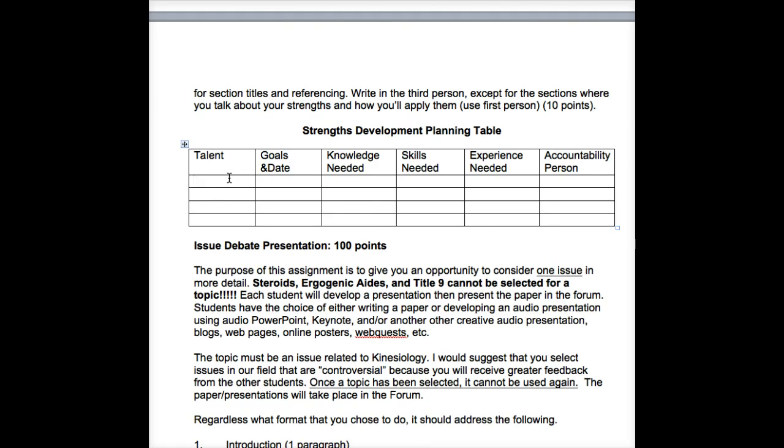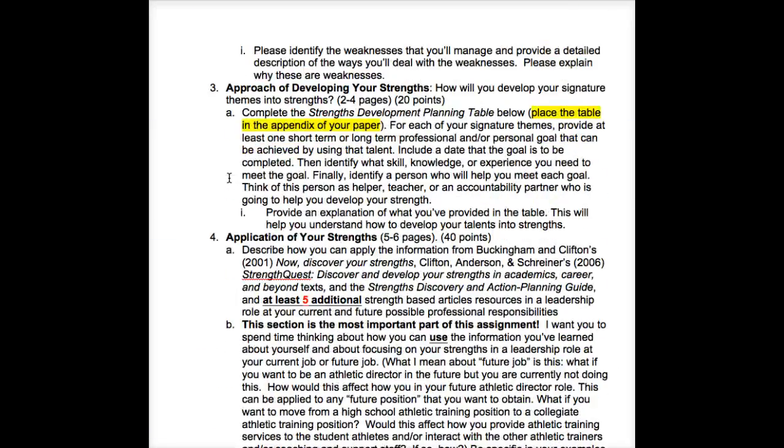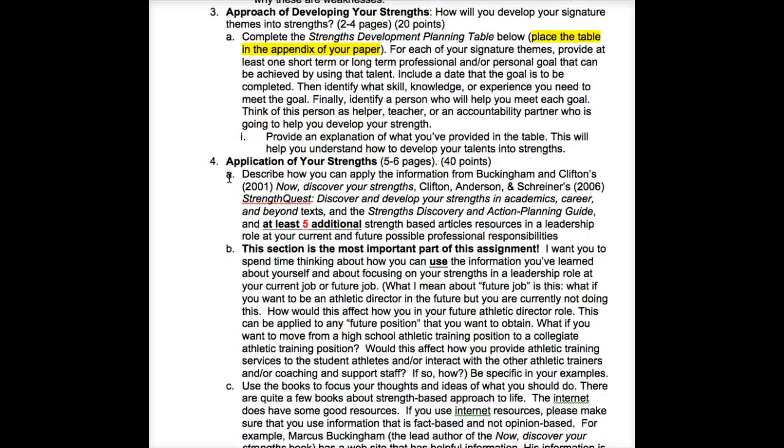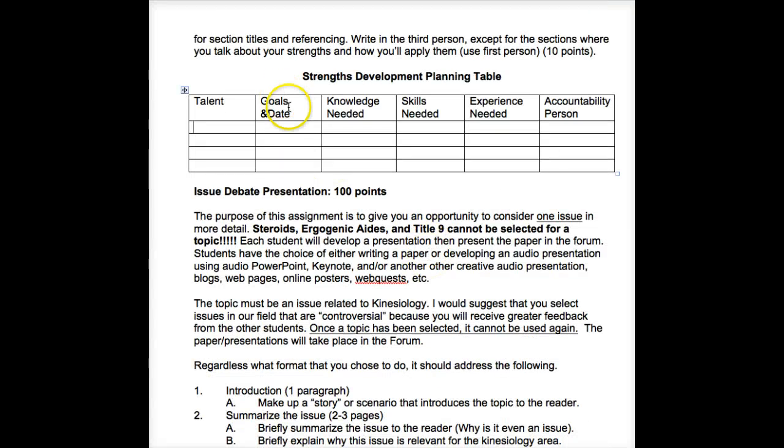So this table will be in your appendix, and then what you'll do in the actual paper is provide an explanation of what you provided in the table. This will help you understand how to develop your talents into strengths. So your goal here should be a task that will hopefully be turned into a strength based on your talent.